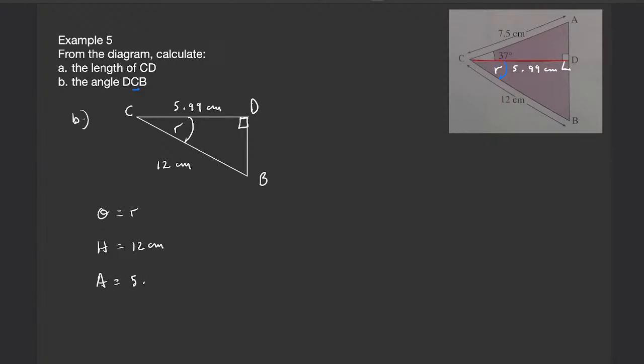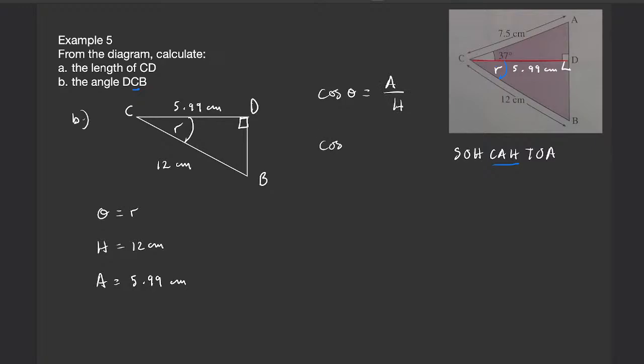So we have 5.99 cm. All right, so let's use our acronym SOH CAH TOA. I have my adjacent and I have my hypotenuse, so I'll be using cos. So cos theta is equal to the adjacent over the hypotenuse.